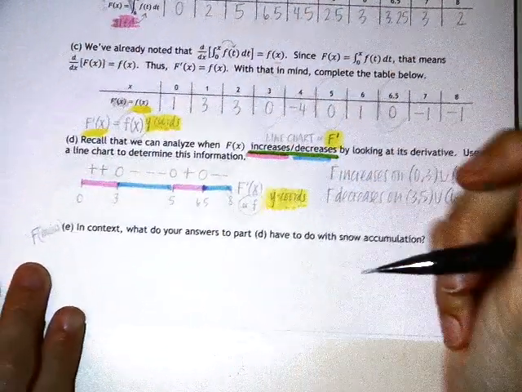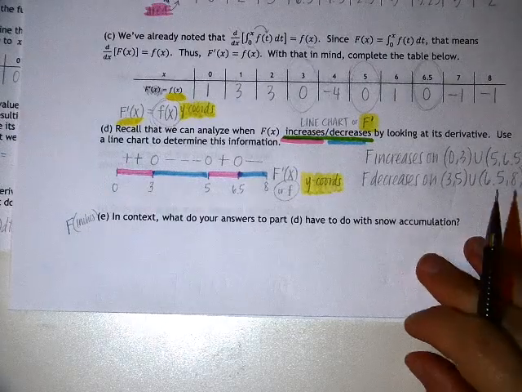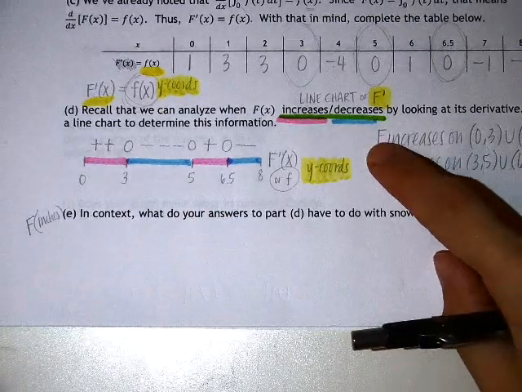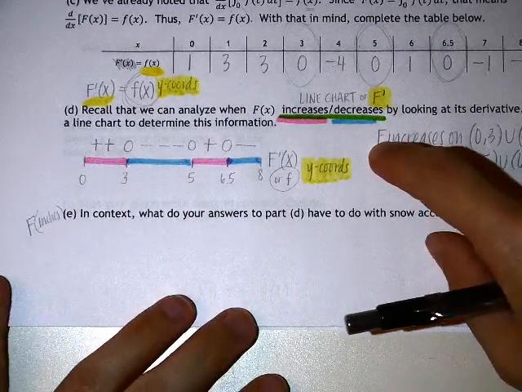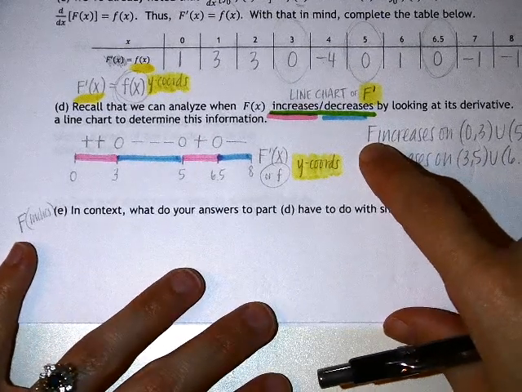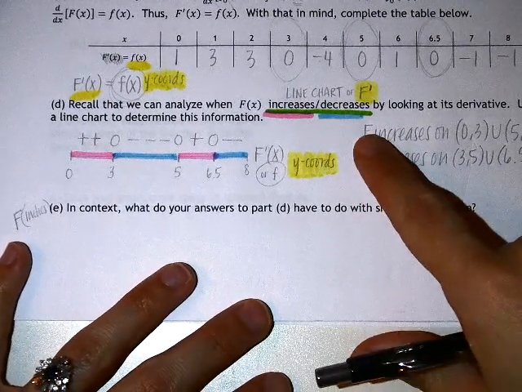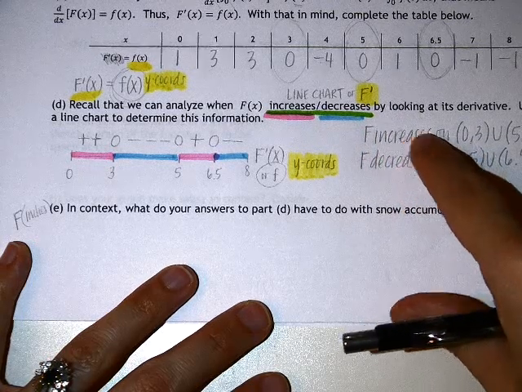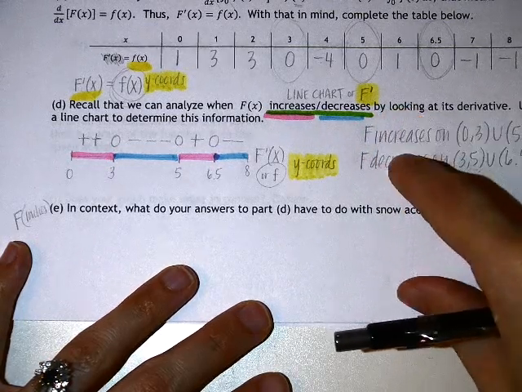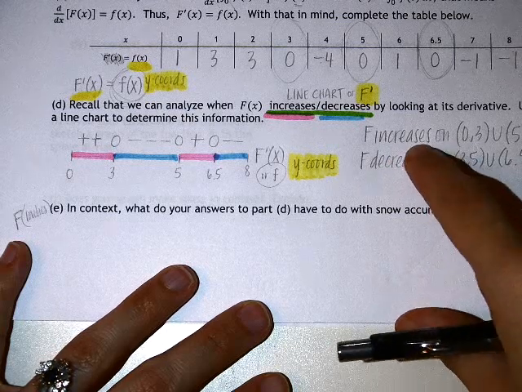Now, the reason I'm putting that in those terms is because if I want to think about inches, then I'm going to replace the word big F with the word inches in my phrasing, and I'm going to read back my answers to myself. Big F increases on this interval, which means the number of inches increases on this interval.